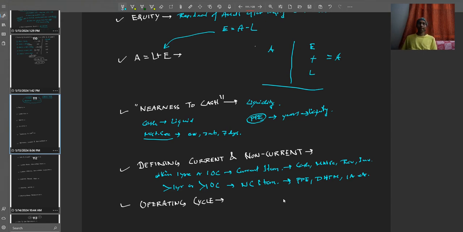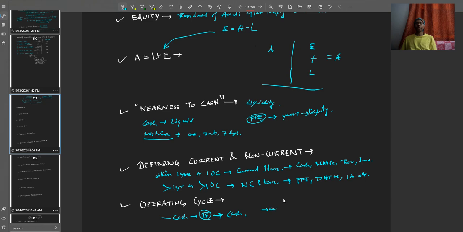Now, what is an operating cycle, friends? An operating cycle is basically the time it requires for cash to be invested in the business and for it to come back as cash. So you have put cash in the business, the minimum time it takes for that cash to return back as cash is called one single operating cycle. So how does this work? Let us look at it a little bit more.